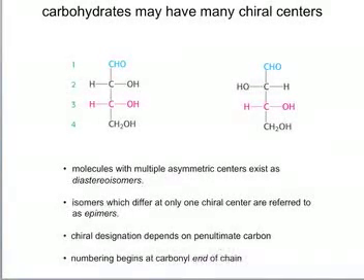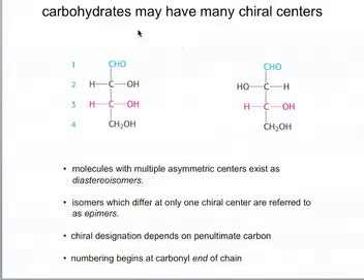In any case, carbohydrates are molecules which can have multiple chiral centers, at least in the case of 4 carbons or greater, and we see in this case we have 2 chiral centers. Likewise here we have 2 chiral centers. Some definitions. Molecules that have such asymmetric centers can exist as diastereoisomers.